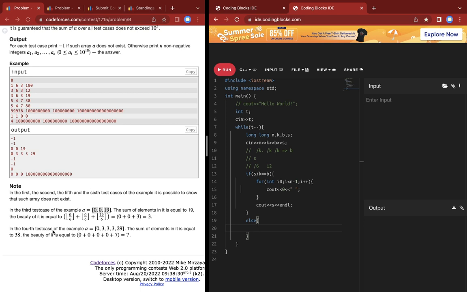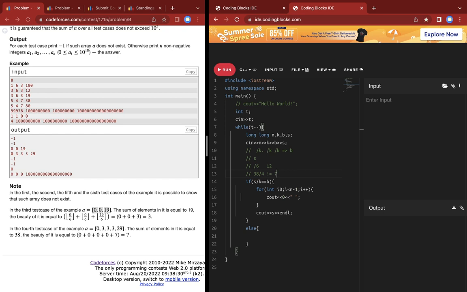Let's see the fourth test case. In the fourth test case, the sum is 38, and since 38 divided by k is 4 is not equals to 7, so 7 into 4 is 28.